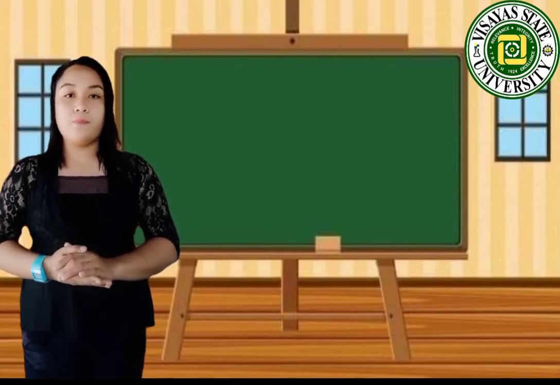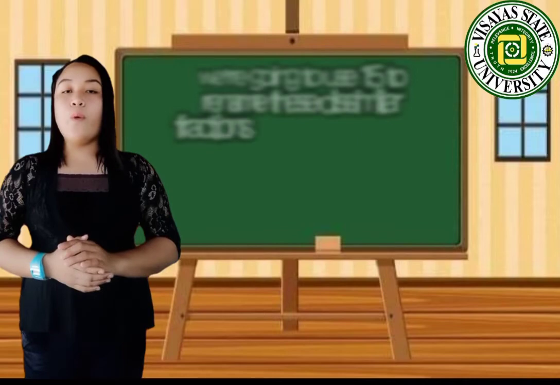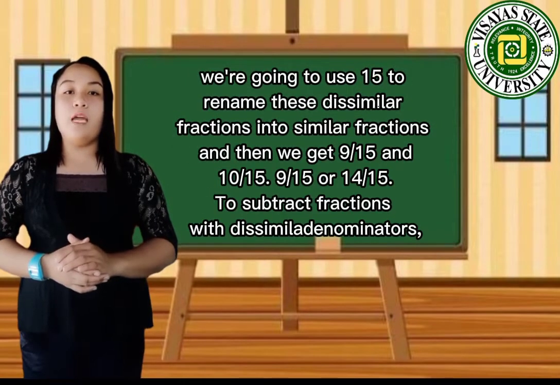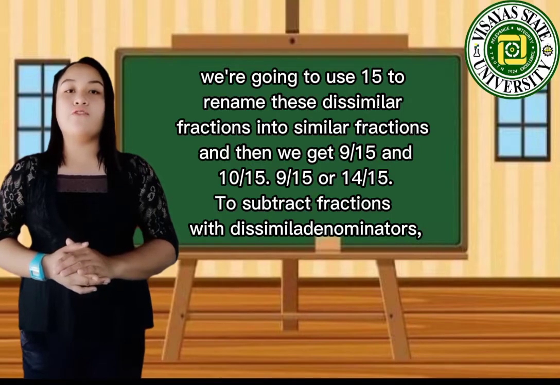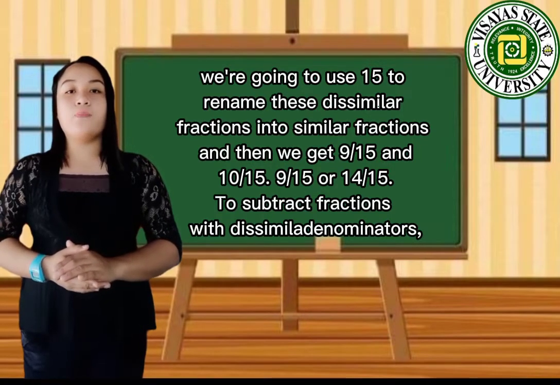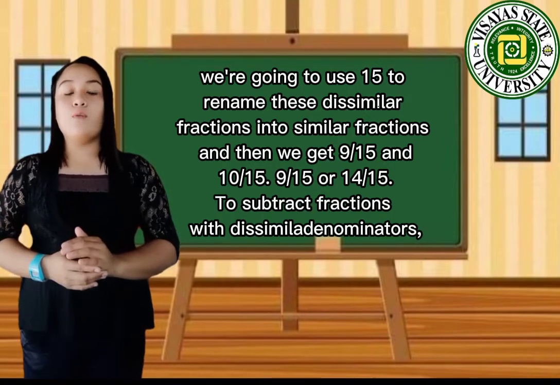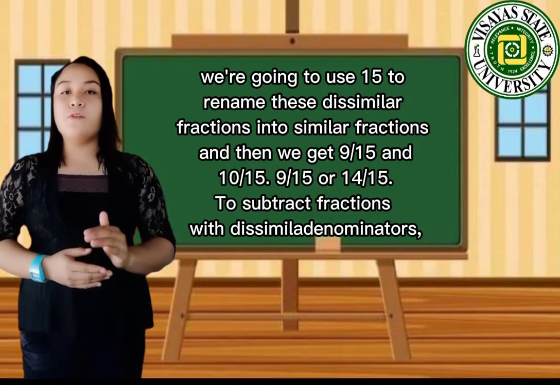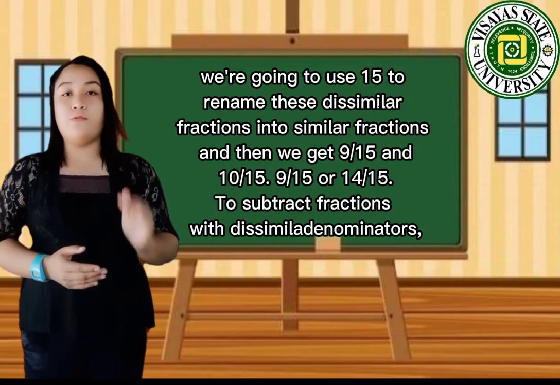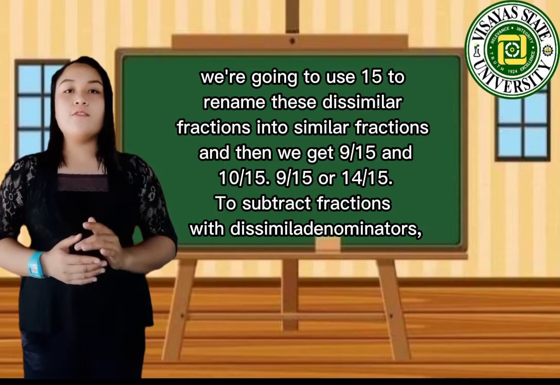What is the LCD of 5 and 3? And we're going to use 15 to rename these dissimilar fractions into similar fractions. And then we get 9/15 and 10/15, 9/15 plus 10/15 is 19/15.